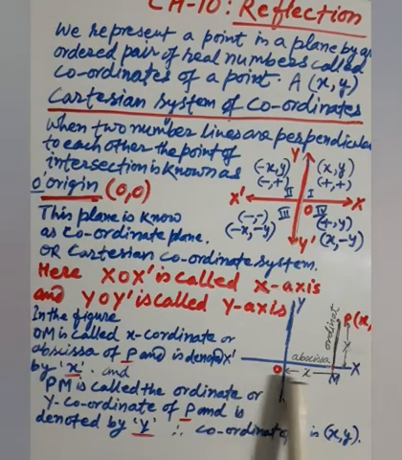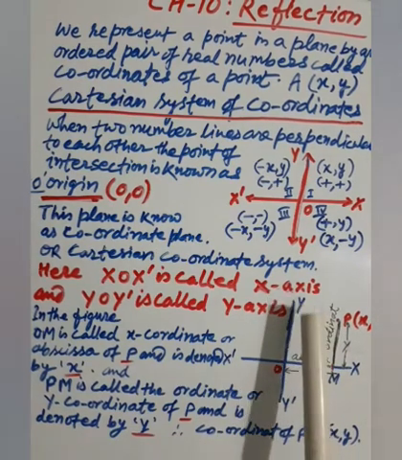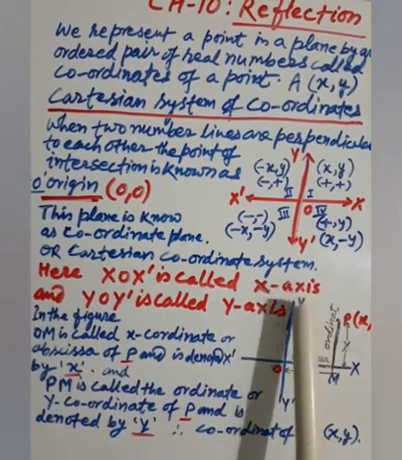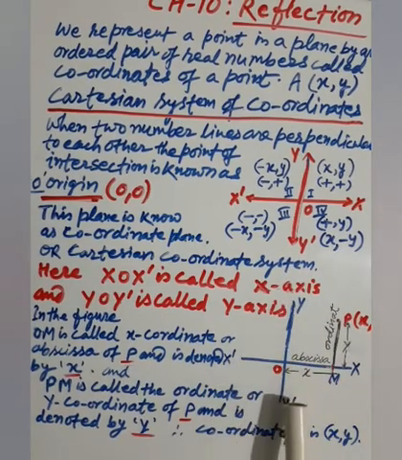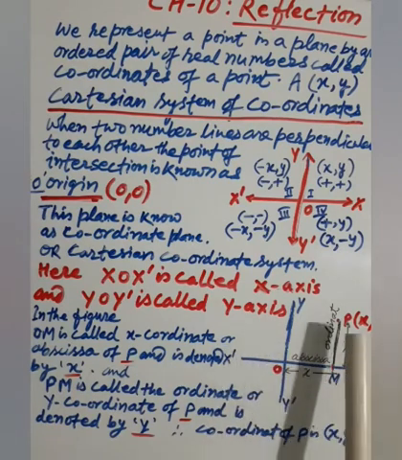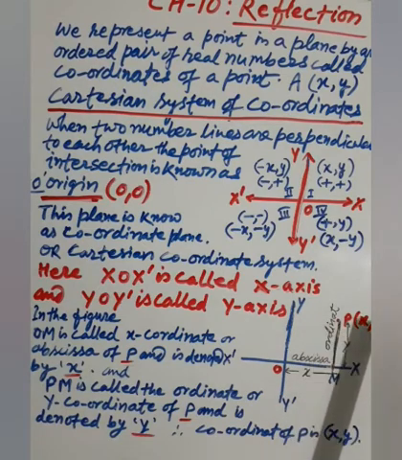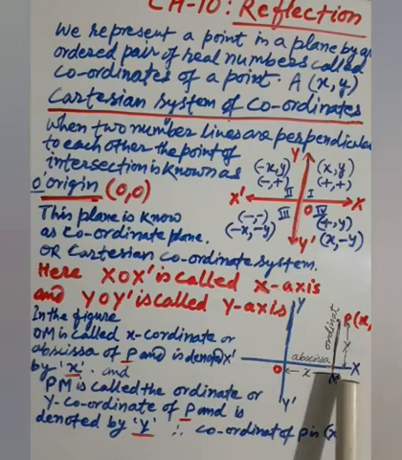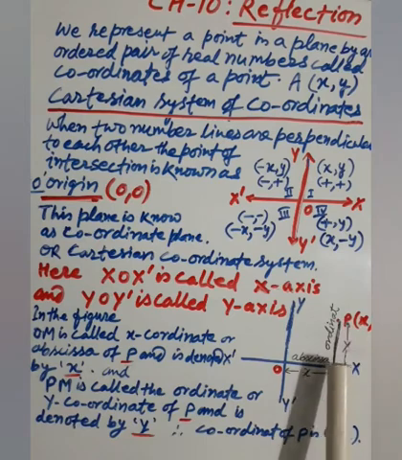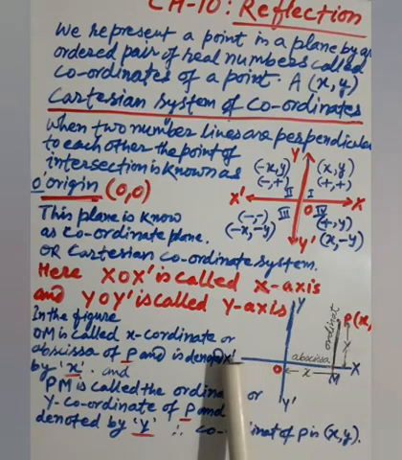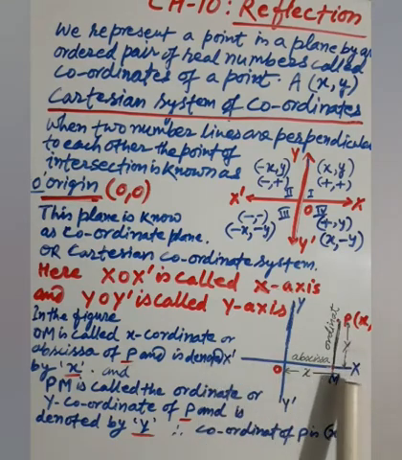In this Cartesian plane, X'OX and Y'OY intersect at O. Let there be a point P here, and we want to know the coordinates of the point P. On the x-axis there is a point M. Draw a perpendicular from P to M, so that it intersects X'OX at M.